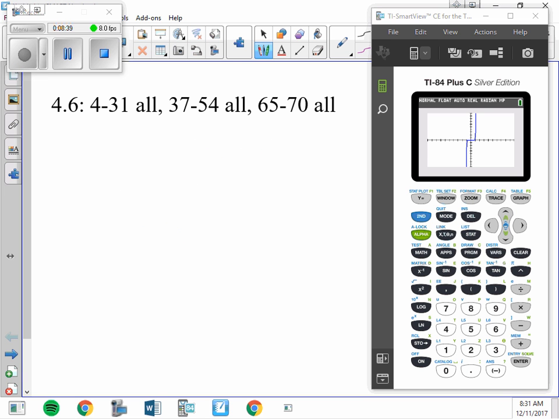All right. The last one is we need to simplify some longer expressions.